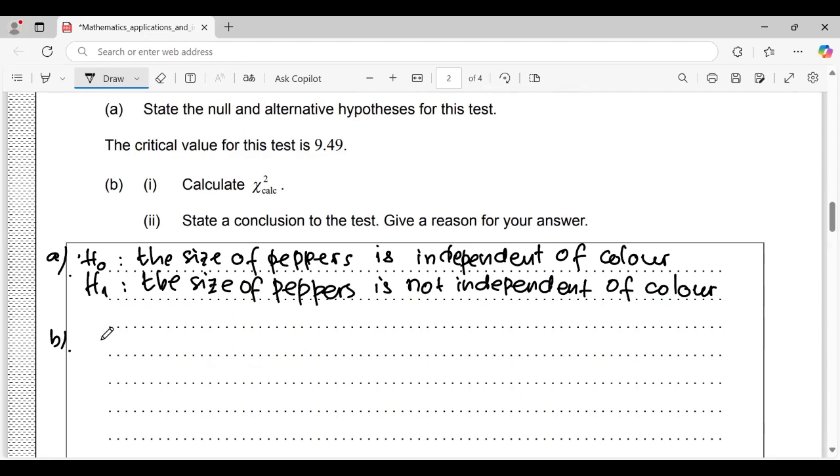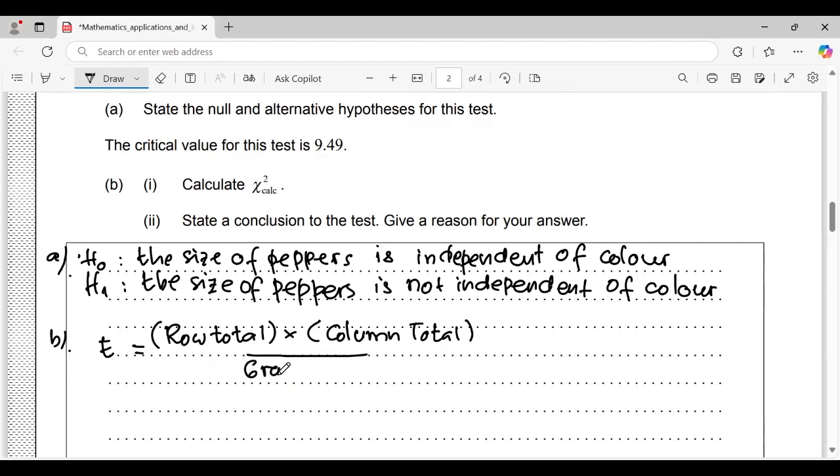The formula for the expected frequency is E equals row total times the column total over grand total.